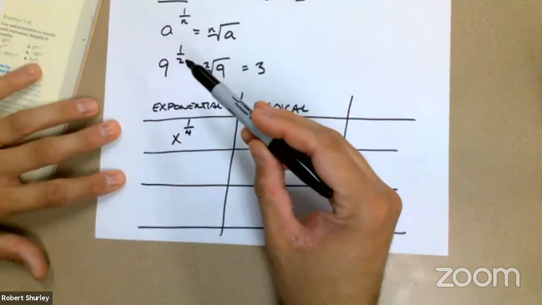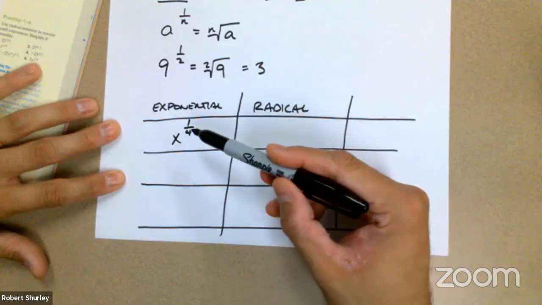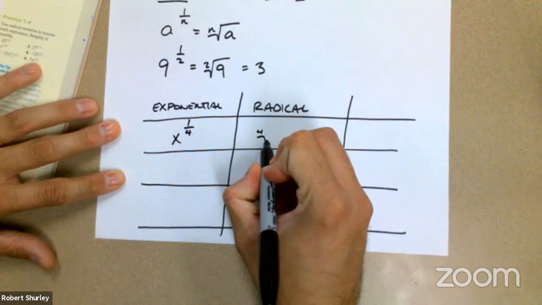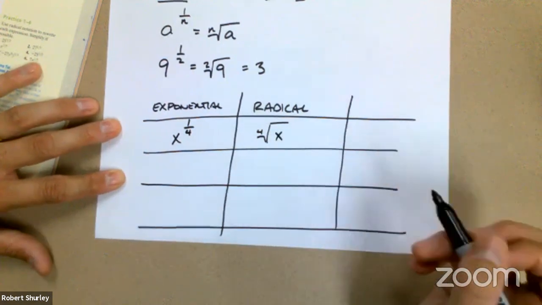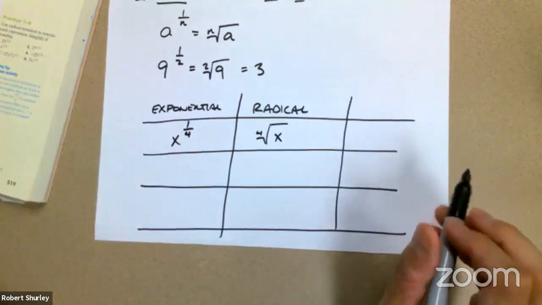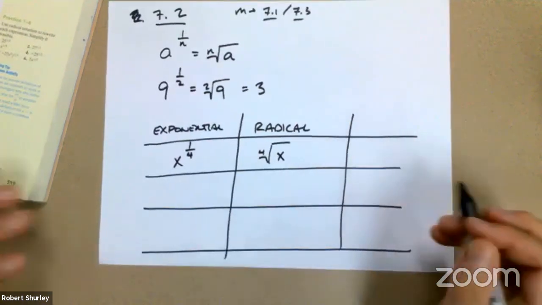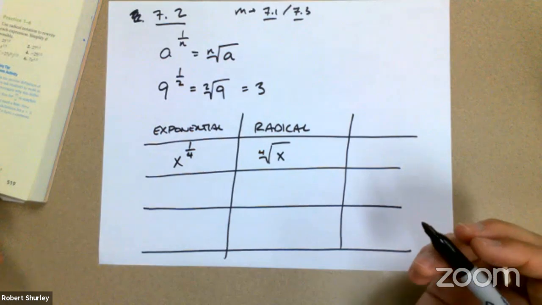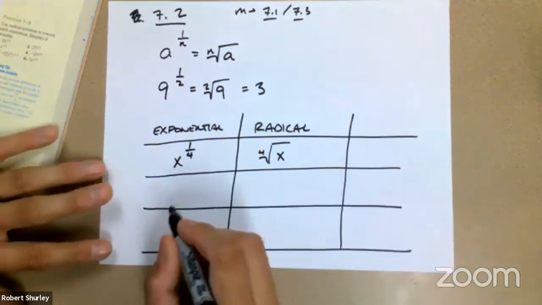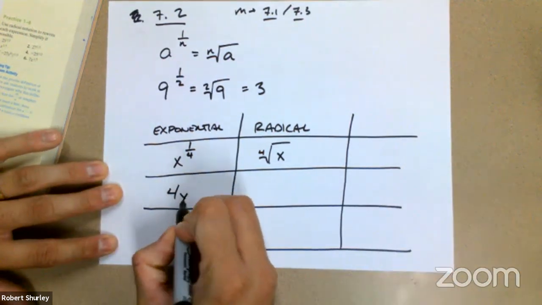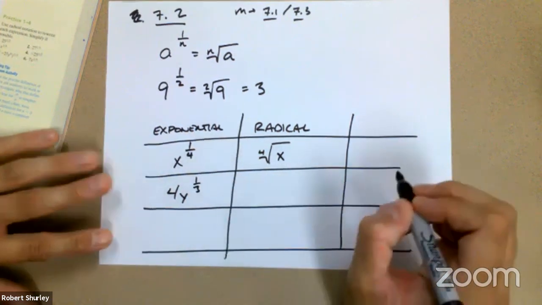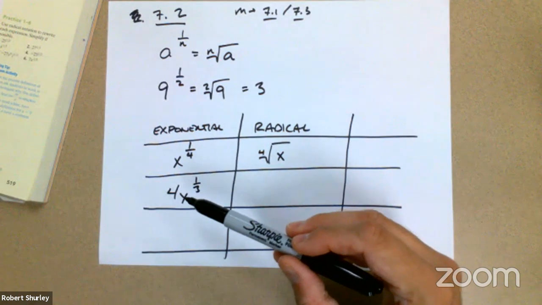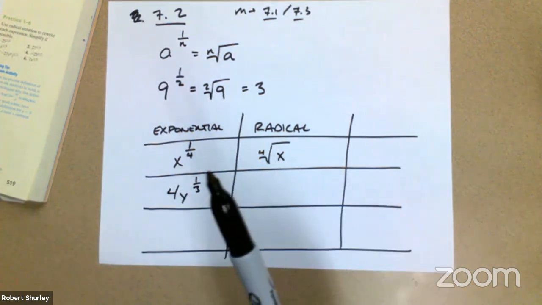Now remember, the denominator of the exponent is going to be the root of that radical, okay? It's just the 4th root of x. Be careful, because if we have coefficients, let's say we had something like 4y to the 1/3, that 1/3 is only going to the y, right?